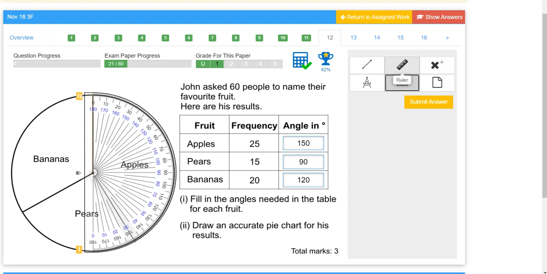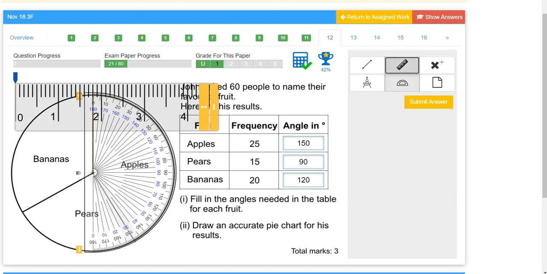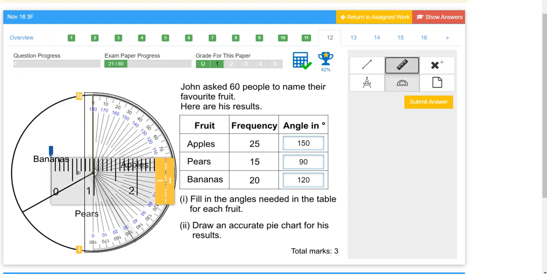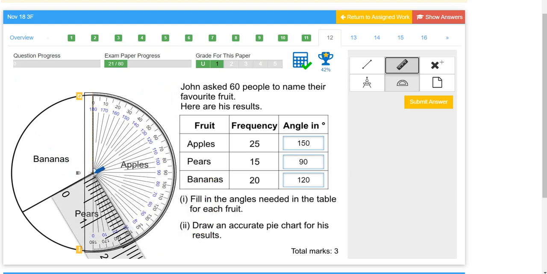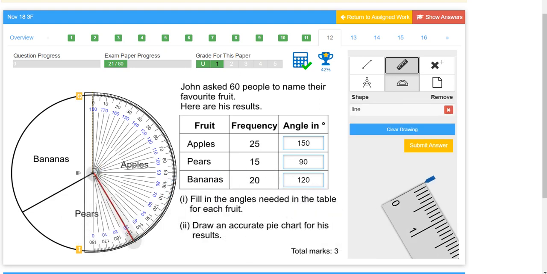So let's grab my ruler and let's see if we can draw that line. So we're starting here, right in the corner. We're going to twist it round, line up just along there, and we're going to draw 150 degrees. So get rid of my ruler, and let's just check that that works.